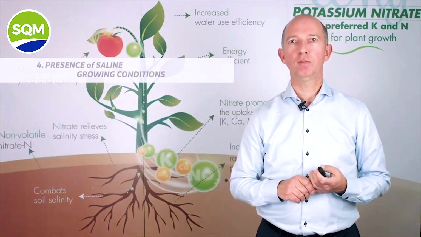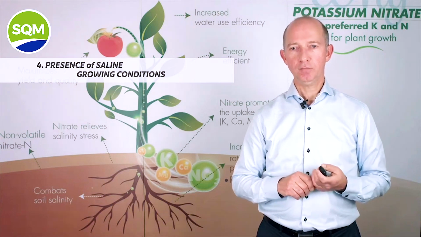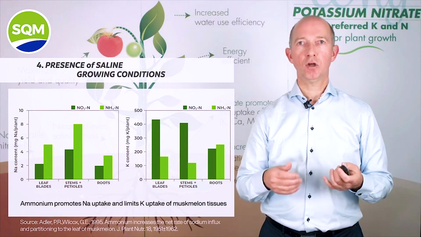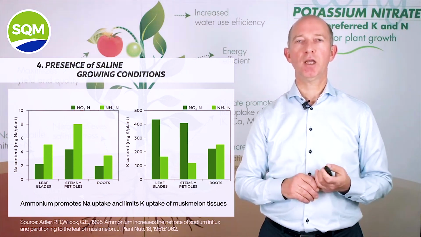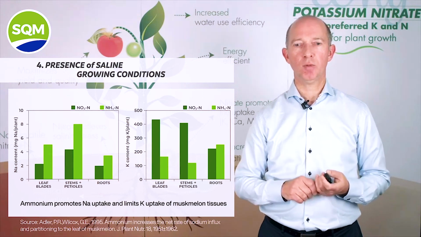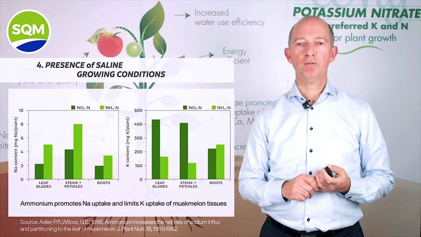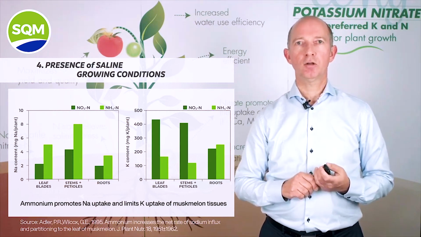The fourth one, the presence of saline growing conditions. When plants are fed with ammonium, more sodium is being taken up, and at the same time less potassium is taken up in the tissues of muskmelon. If we look at the figure on the left side, we see the two nitrogen sources.